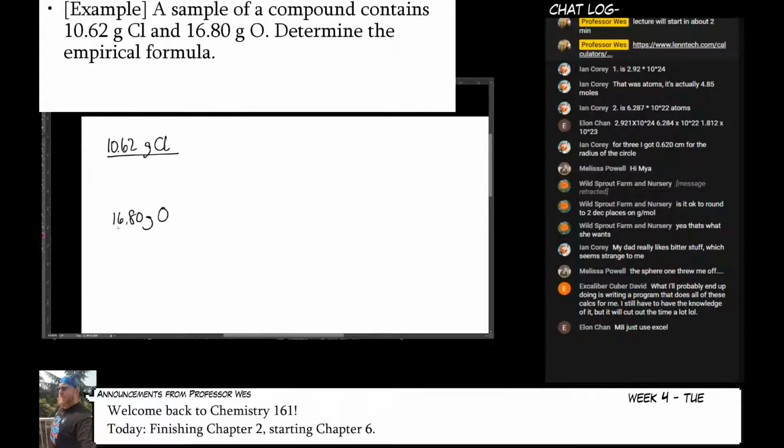16.80 grams oxygen. So we'll turn number of grams into moles. And it looks like I'm going to get like 0.3 or something. So 10.62, 35.453. Oh, yeah, 0.3. Look at that. 0.2996.